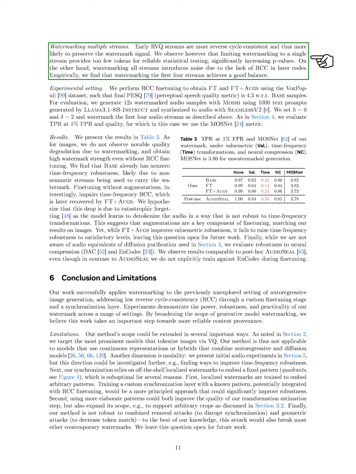When watermarking multiple streams, we observe that earlier RVQ streams are more consistent and likely to preserve the watermark. However, limiting watermarking to a single stream results in too few tokens for reliable testing, while watermarking all streams introduces noise. We find that watermarking the first 4 streams strikes a good balance. Section Summary.